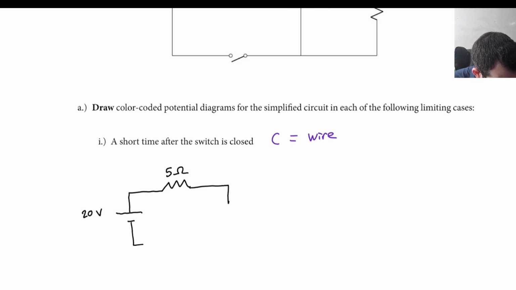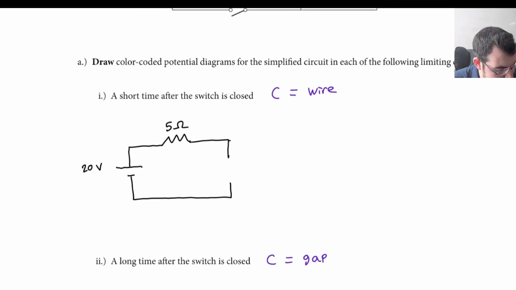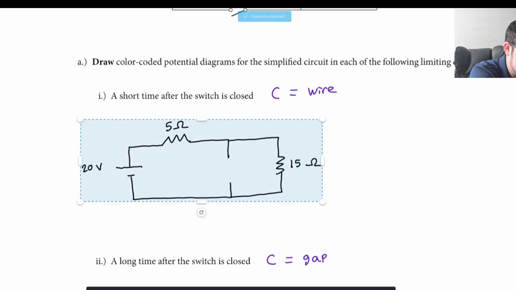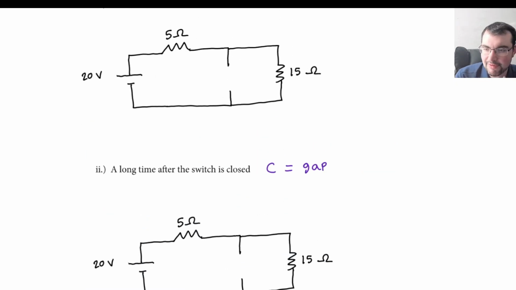Again, I'm not drawing the capacitance branch yet. And then there's also a 15 ohm on the side. Okay, so before I start coloring it, I'm just going to save myself some work in a minute here. Just going to copy, paste. Okay, saves us both some time if I do that.